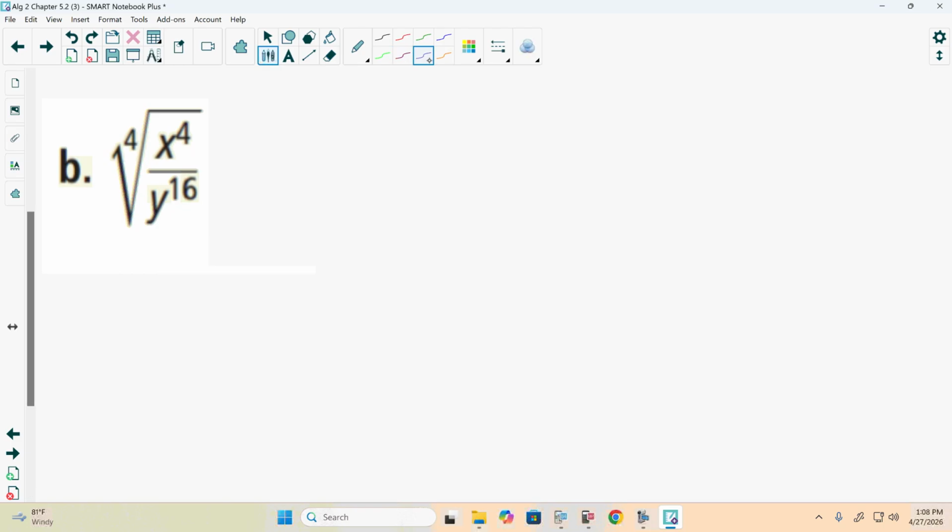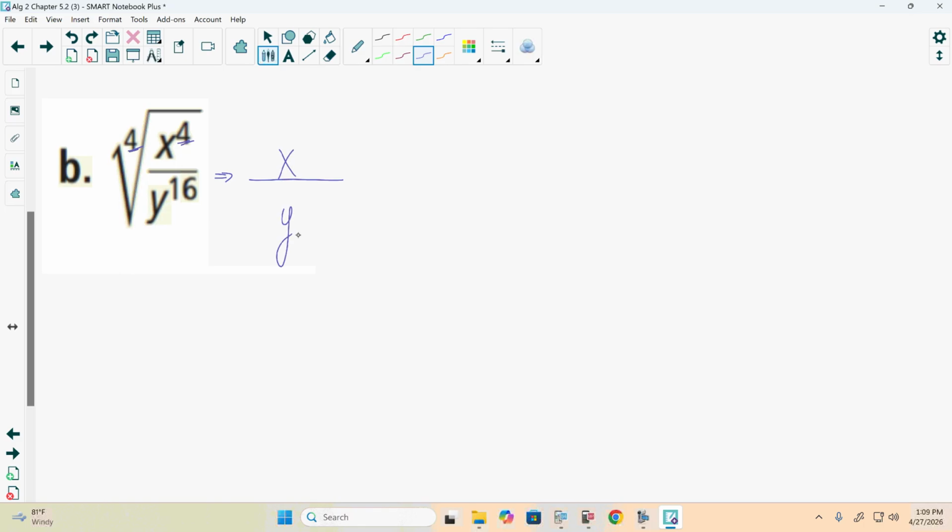Because this here, we could put it as the 4th root of x over y to the 4th. But as I've been saying, with fractional exponents and variables, we divide the exponent by the root. So if I divide this 4th power by 4, we get 1.